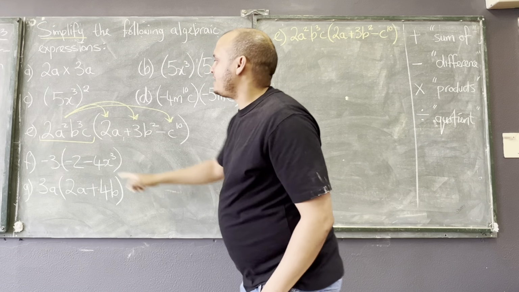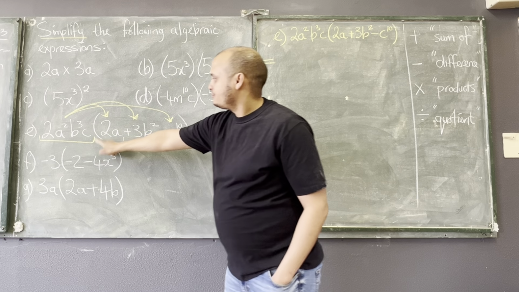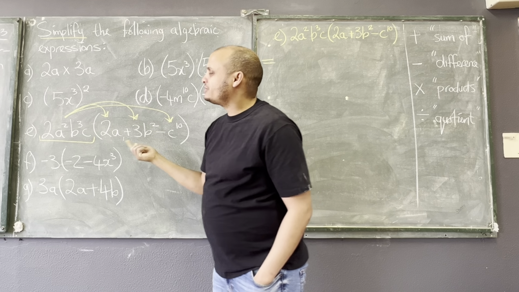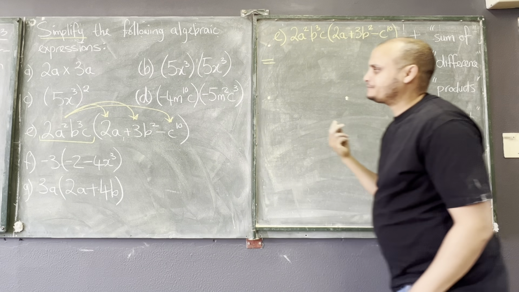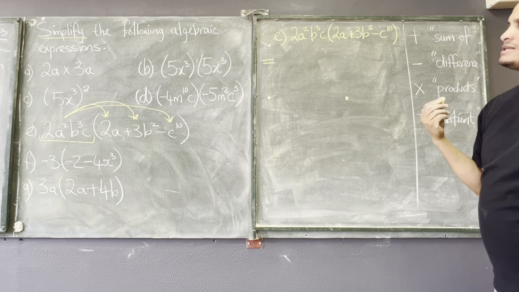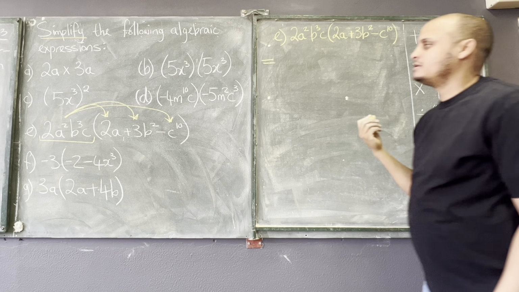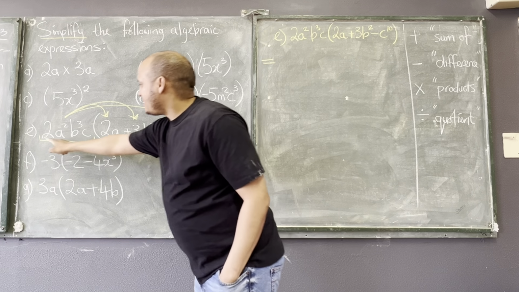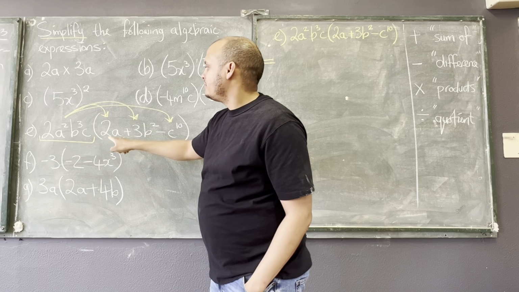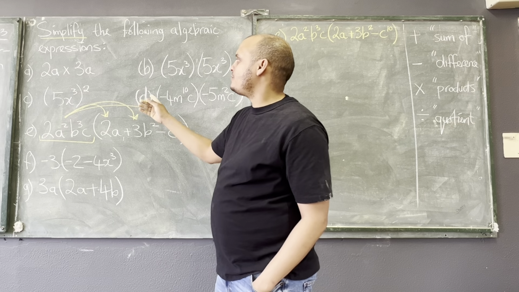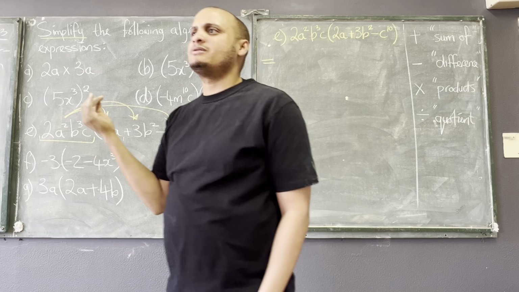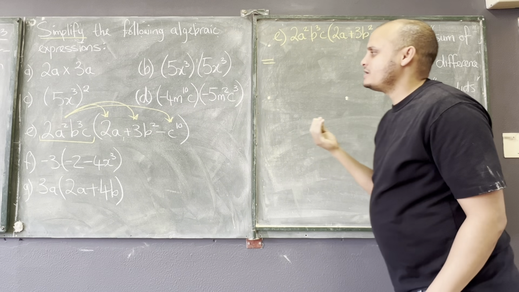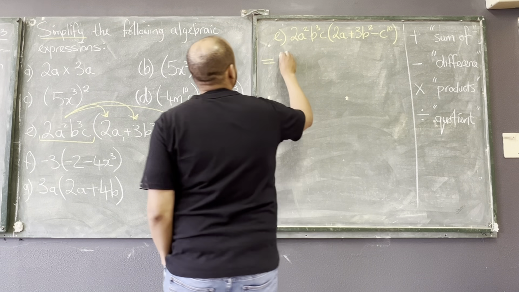If I multiply this term, you could say the factor, with the first term inside the bracket, what do I get? How do I multiply that? I'm multiplying all of this with 2a. So, same as before, I multiply the numbers with the numbers and the letters with the letters. Numbers with numbers, variables with variables. So what is 2 times 2?